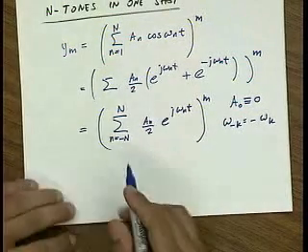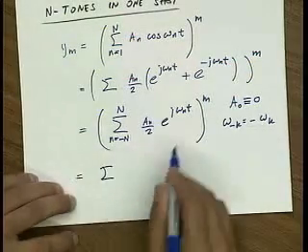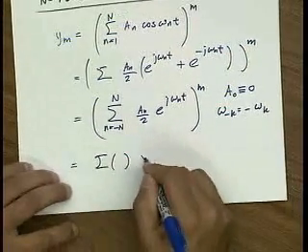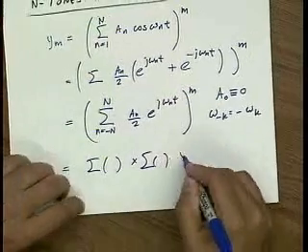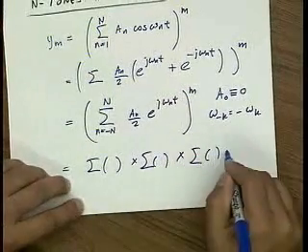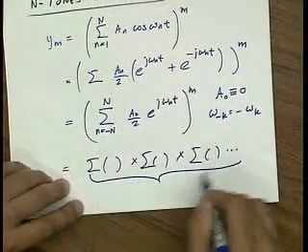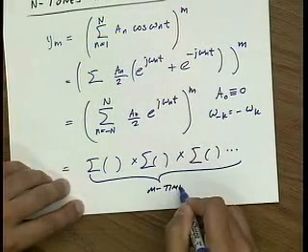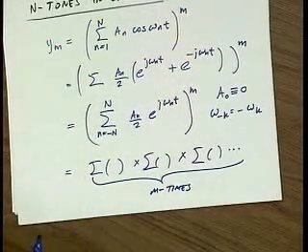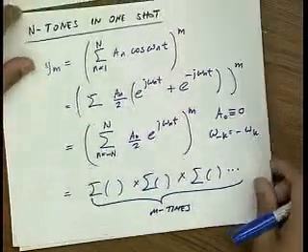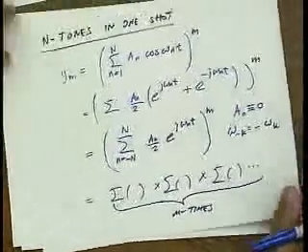If you think about this, it's like taking each sum and multiplying it out m times. I can take the product of sums and write it as one supersum.